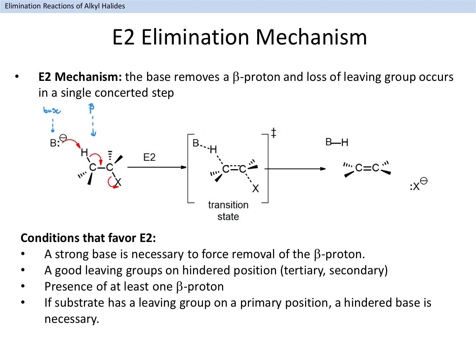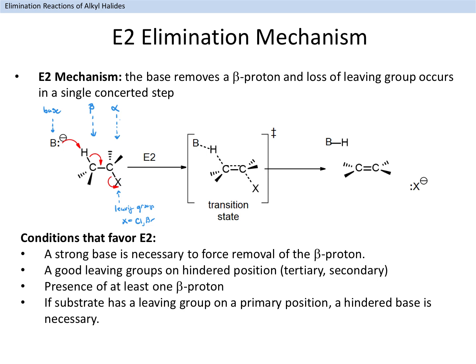Recall that the beta carbon is the carbon directly adjacent to the one bonded to the leaving group, which we call the alpha carbon. This removal of the beta proton causes the electrons in the bond to flow into a new pi bond between the alpha and beta carbons, while the leaving group departs with the electrons that were in the covalent bond it shared with the alpha carbon.